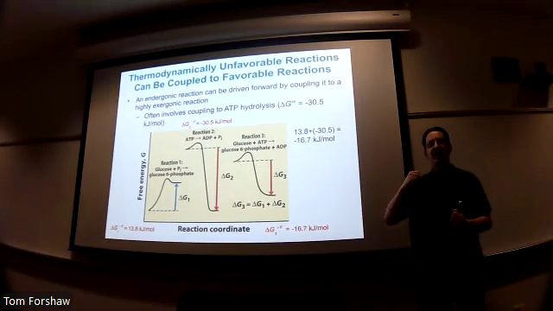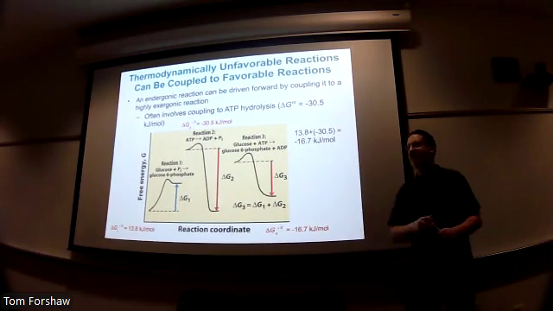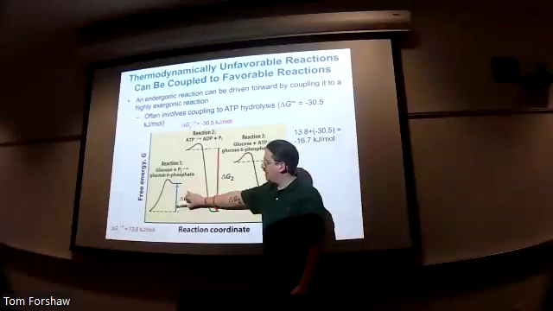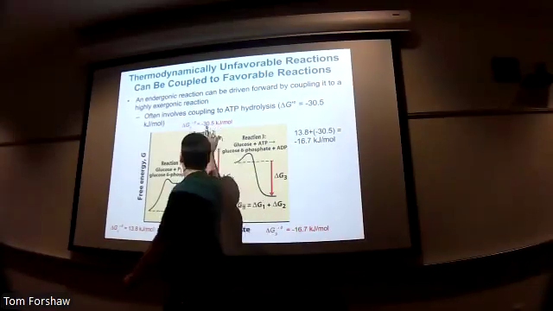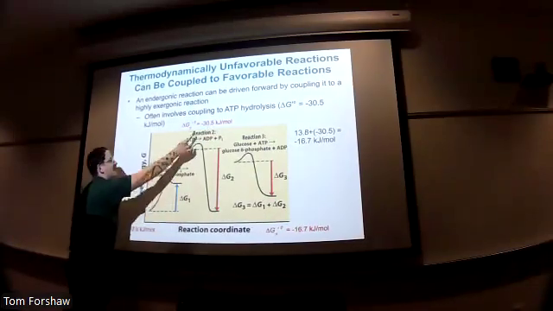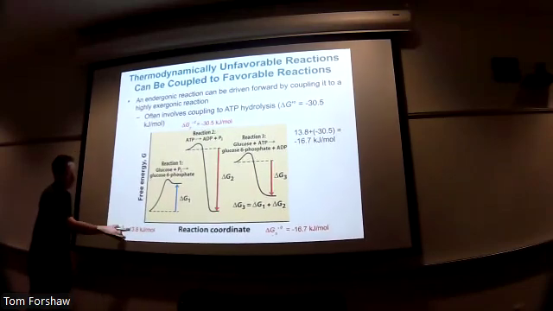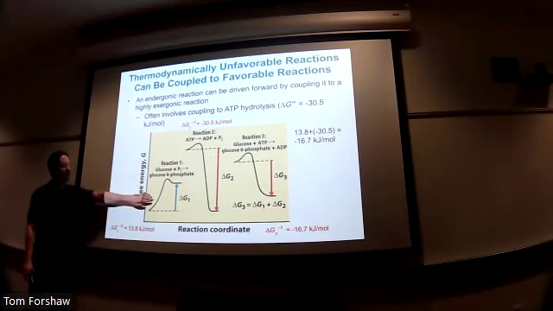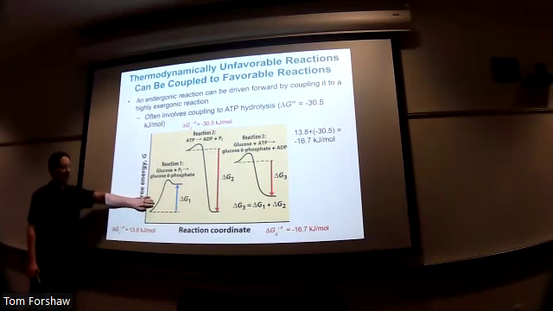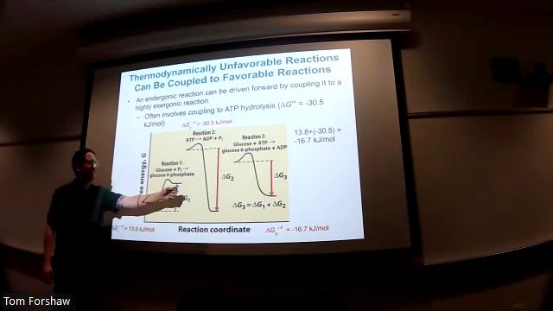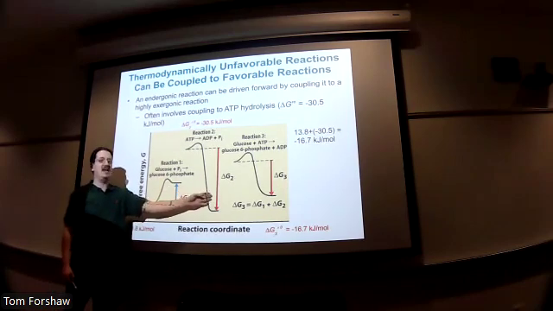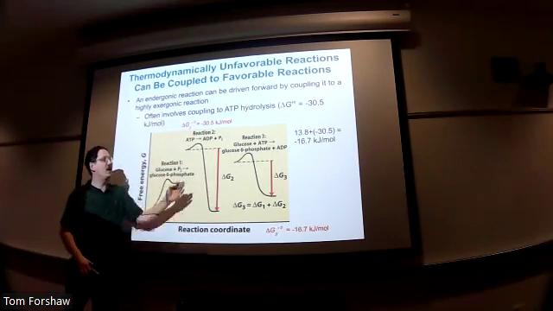And so if we can team up the hydrolysis of ATP with the unfavorable reactions, this one releases 30.5 kilojoules. That's the negative number, meaning it's releasing. This requires energy, 13.8 kilojoules per mole. The phosphorylation requires 13.8. The dephosphorylation of ATP releases 30.5.